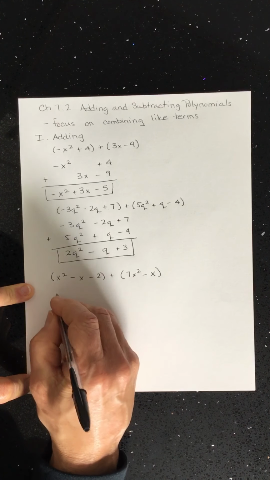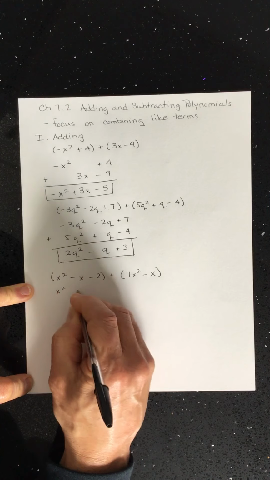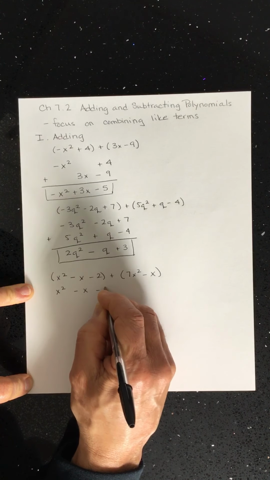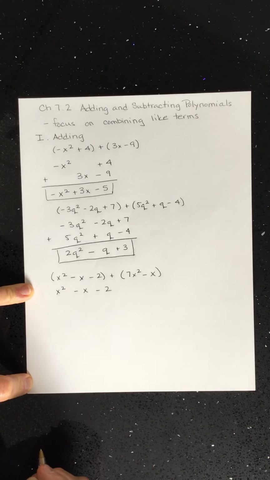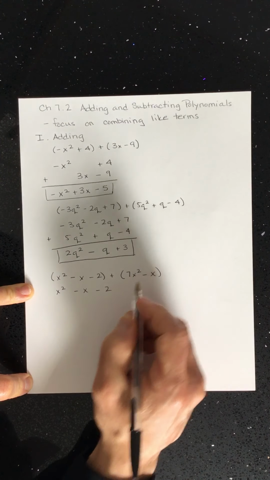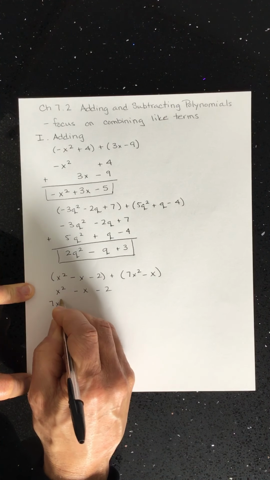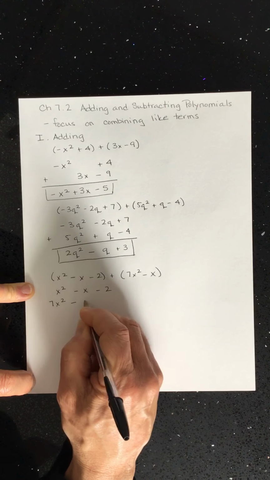And so here we go. I'm going to write this like it is written already, x squared minus x minus 2. And then I'm going to take the binomial here and I'm going to line up the terms that are alike.